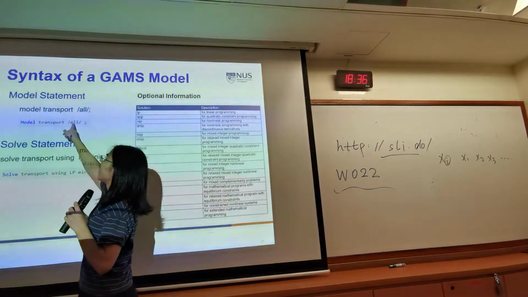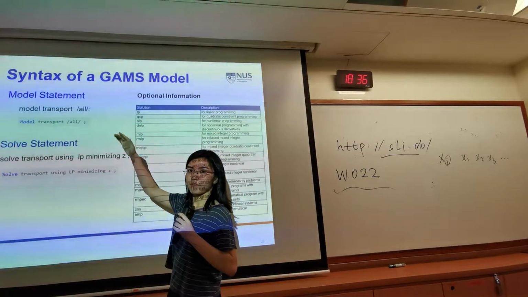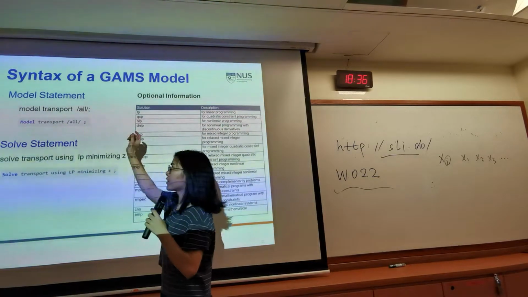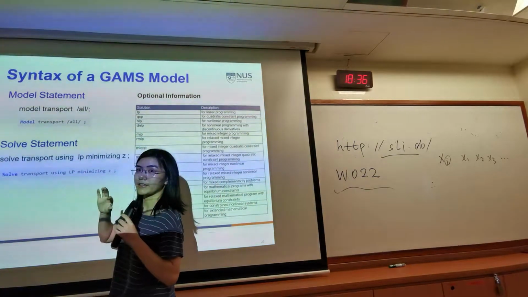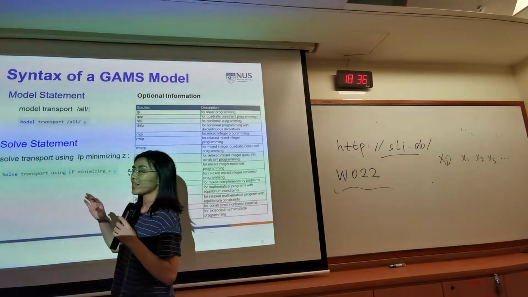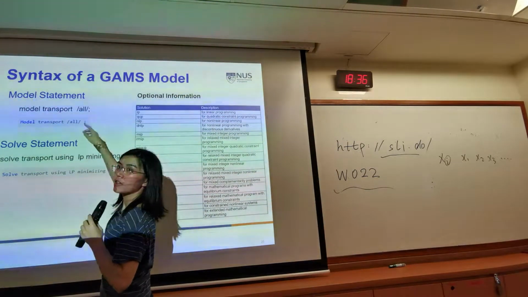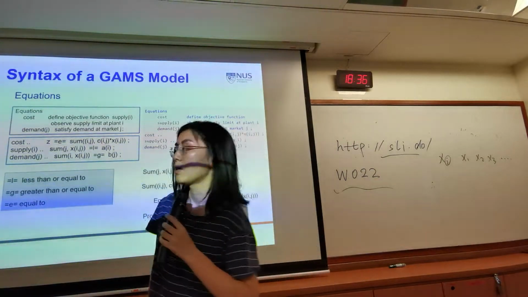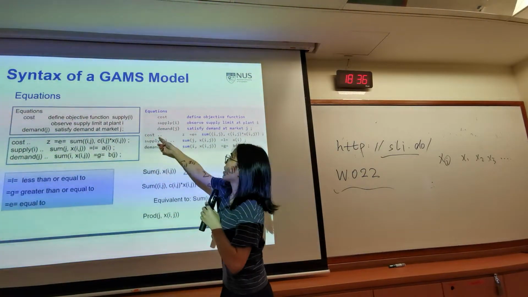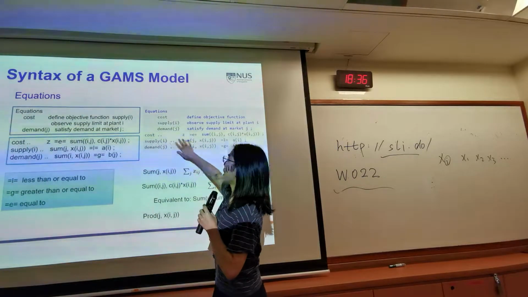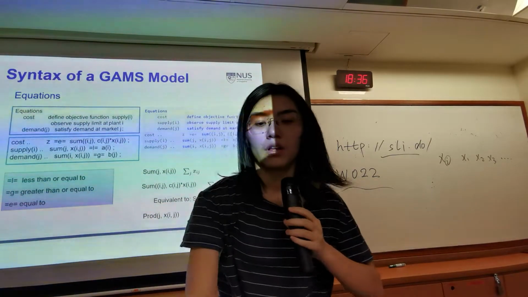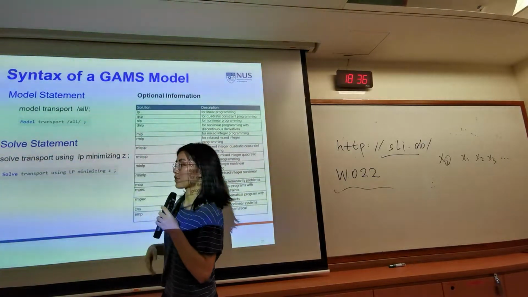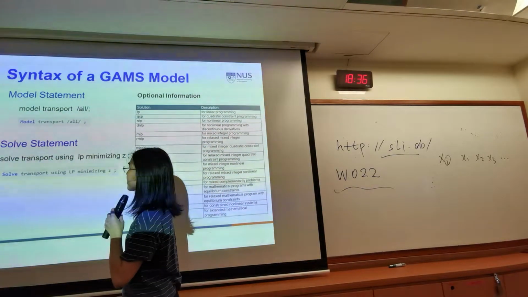So "all" here means all the equations you defined previously. If you only want to include several of the equations you defined previously, you can list them out. For example, here we define cost. So if you don't want the other two equations, you can just put cost here. So it will only include that equation.